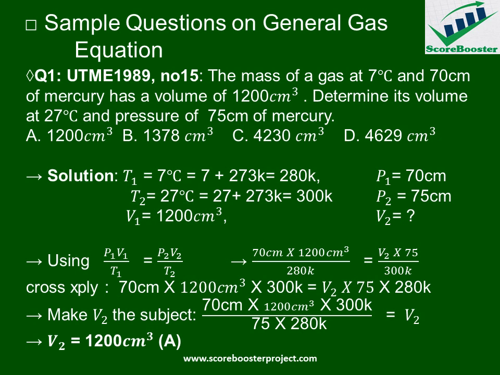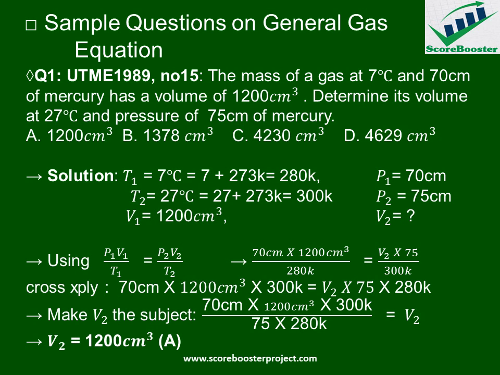Now, we are given the initial volume to be 1200 cm3, while the final volume is not given. The initial pressure is 70 cm, while the final pressure is 75 cm.